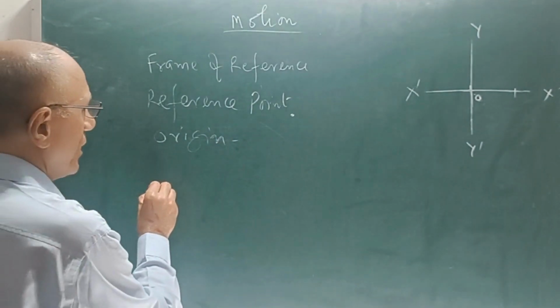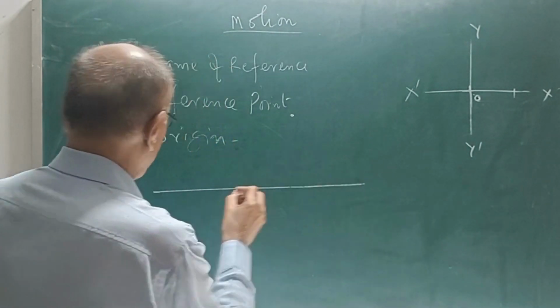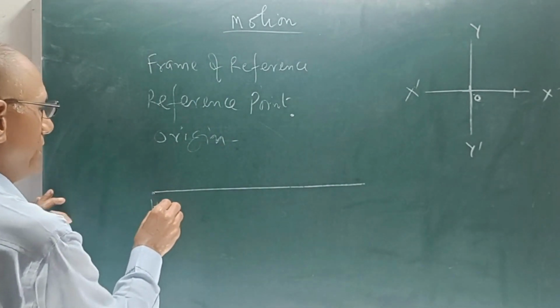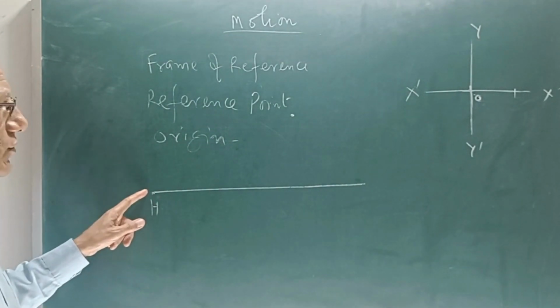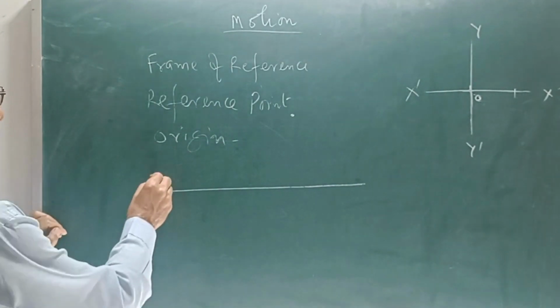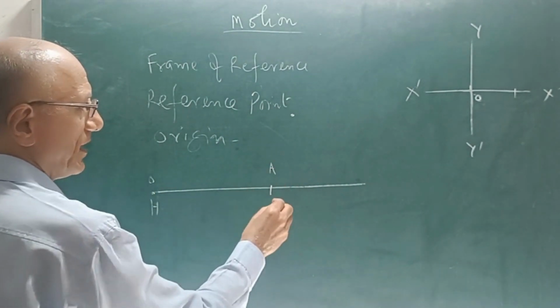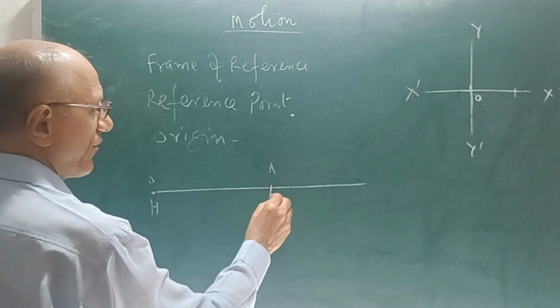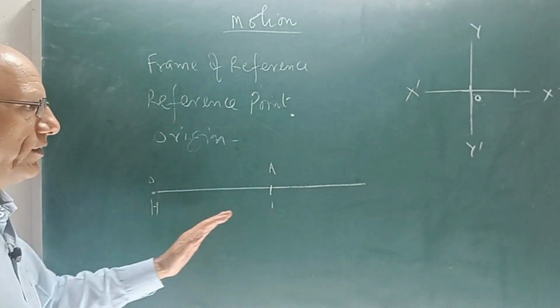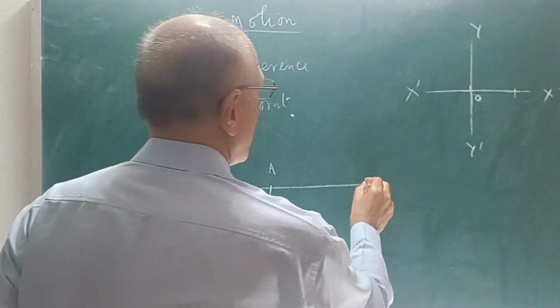Suppose it will be very clear with another example. Suppose this is your house, that means it is your origin, and somewhere here at A, this is the house of your friend on the way to school.